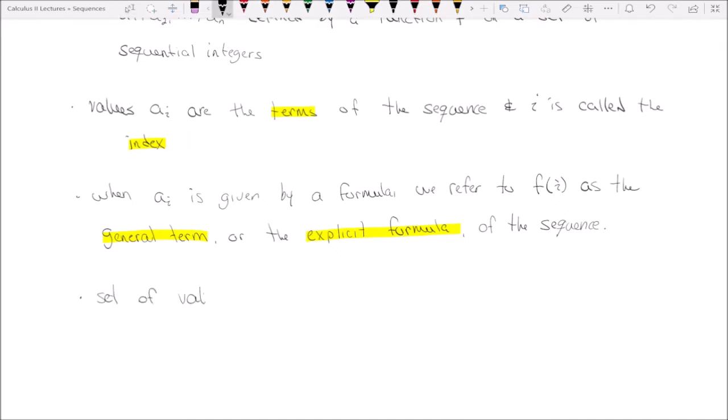The set of values, call them I, on which the sequence is defined, is the domain of the sequence.